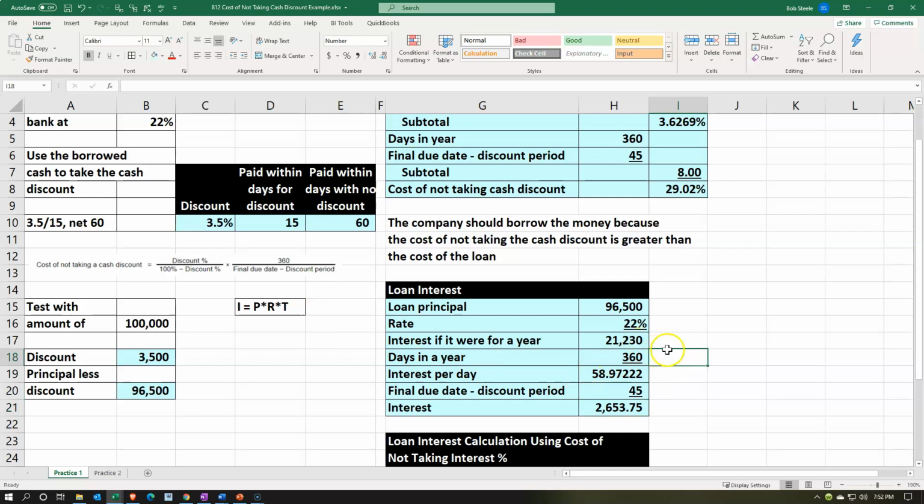I could have just jumped right here and said, all right, the time factor is going to be 45 divided by the 360, the percentage of a year, percent, adding a couple decimals, and then simply take the 21,230 times time, which is going to be this item, and that'll get us once again to this same number.